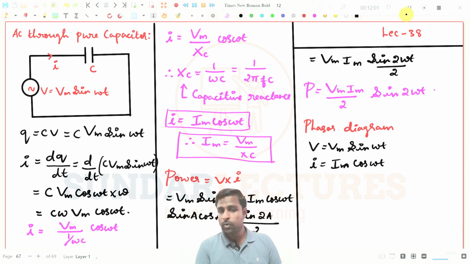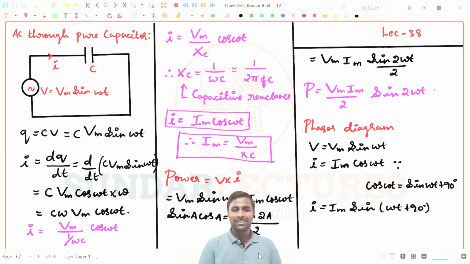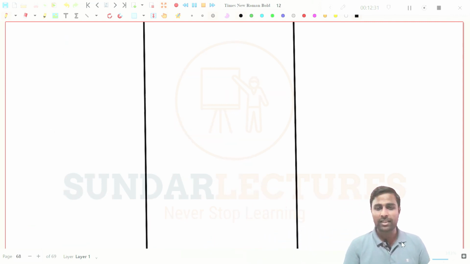And cos omega t can be written as sin of omega t plus 90 degree, right? So I can write I is equal to Im sin of omega t plus 90 degree. We can write like this.